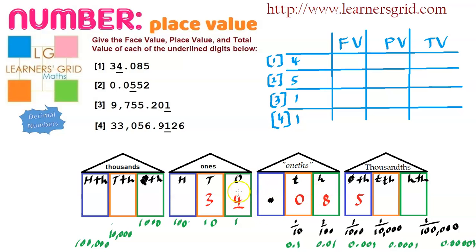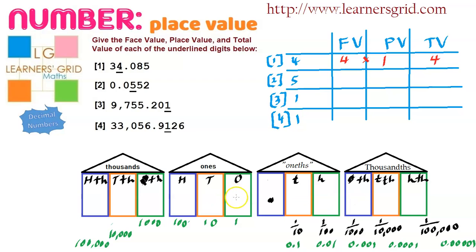According to this diagram, the 4 is in the ones place value. The face value of a digit is just what it is by looking at it. So the face value is a 4. The place value is in the ones. And the total value is the face value multiplied by the place value, which is 4 in this case. So the first one, pretty easy.